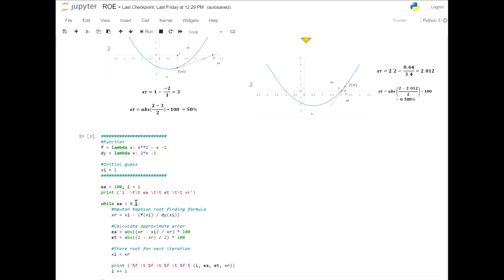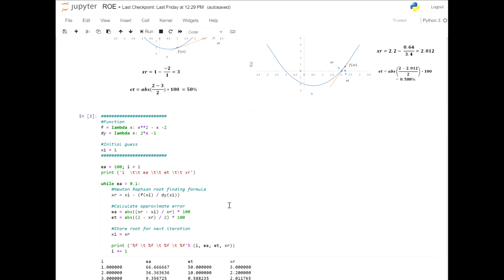Here, the initializations are very, very similar. We initialize the approximate error at 100, and also the i here is to count how many applications of the Newton-Raphson we are doing, and we're going to start with i equal 1. This is the header. I want to output the application, its corresponding approximate error, true error, and also the root for each iteration.